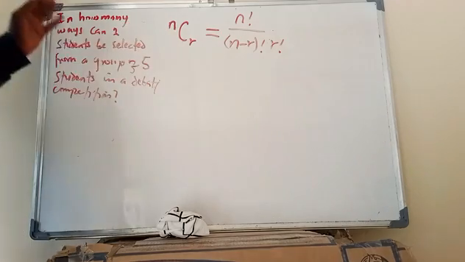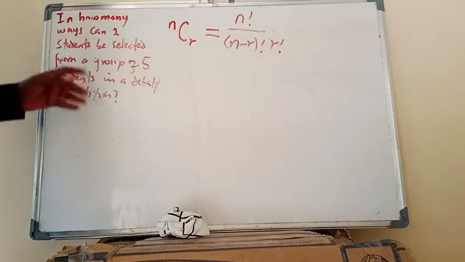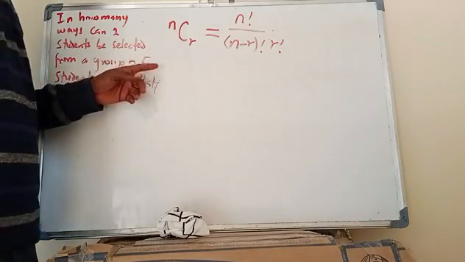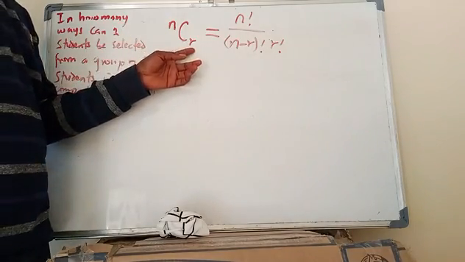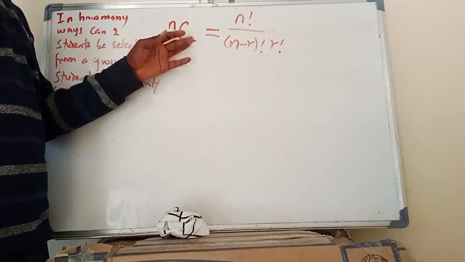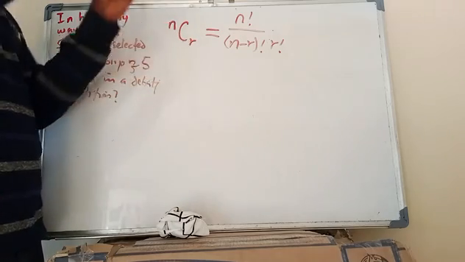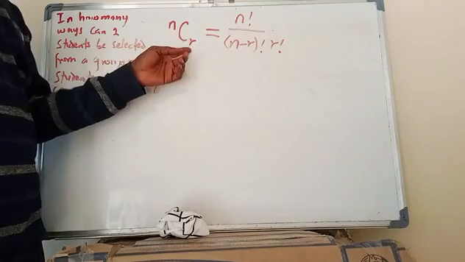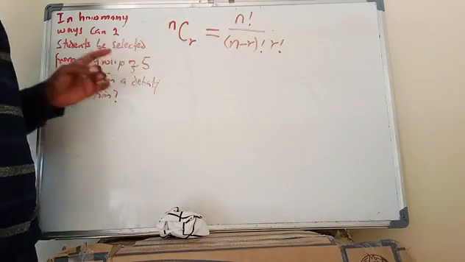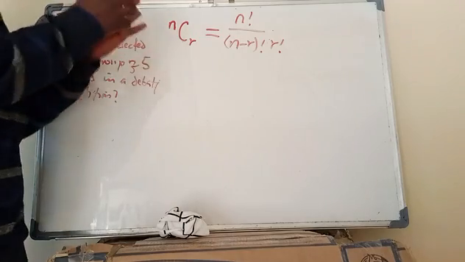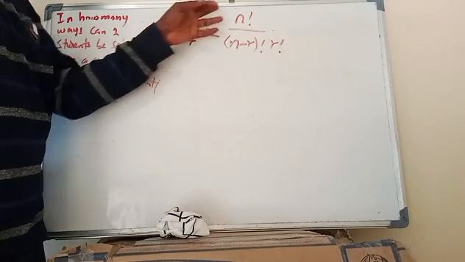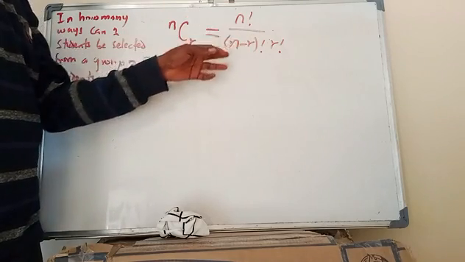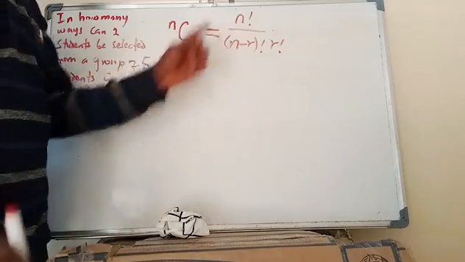Just like we have two students to be selected from a group of five. The number to be selected is r, and n is the total number from which you are selecting r. So n combination r is the number of ways of selecting r objects from a group of n objects, and it is evaluated using n factorial over n minus r factorial, then r factorial.